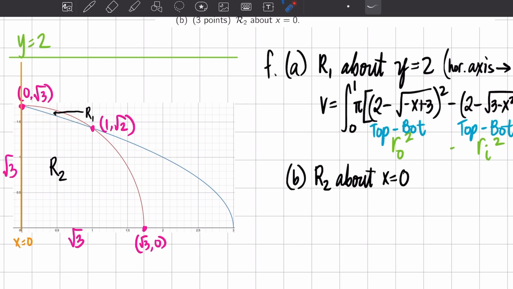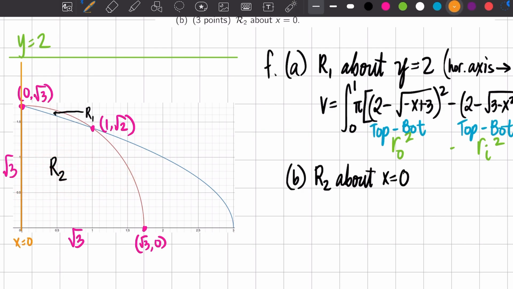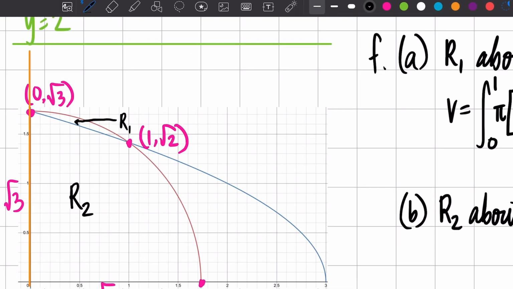However, for the red part right here, you have a different radius. It would start from here until it reaches the axis. So this is the appearance of your washer. Okay? So we have to split our integral into 2. So let's divide it right here.